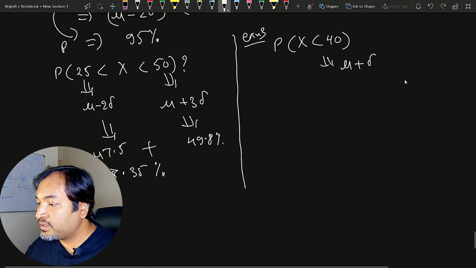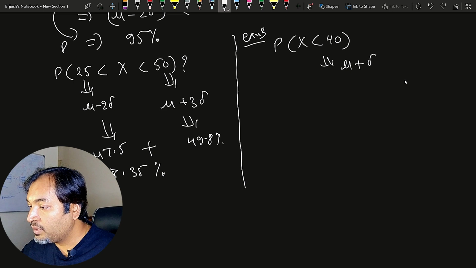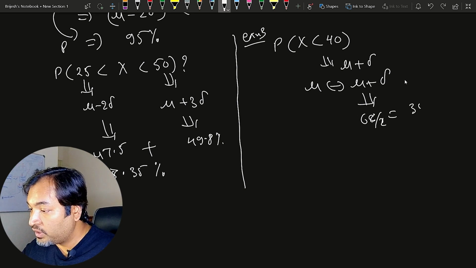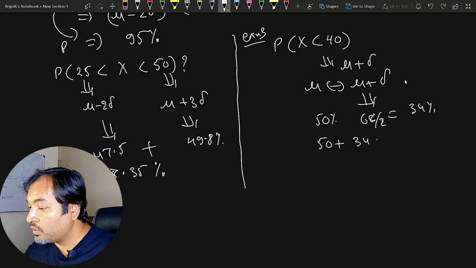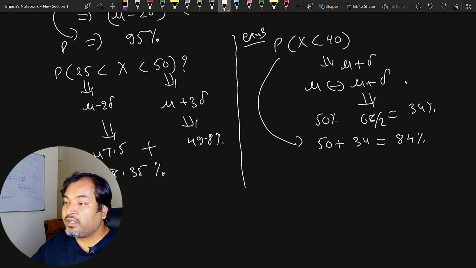When we divide this 68, from mu to mu plus sigma, this will give you 68 divided by 2 equal to 34%. And then mu is 50, so 50 plus 34, you will get 84%. So the probability of this is 84%.